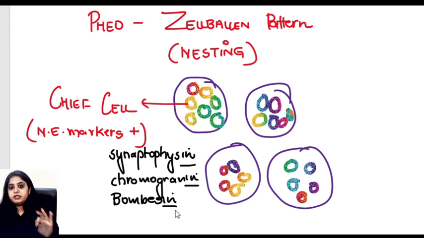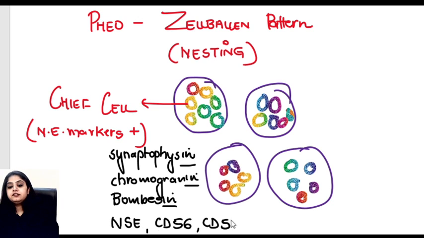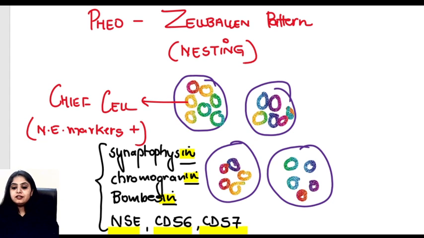So three markers with "in" and three markers which are short forms, that is NSE, CD56 and CD57. This six-marker panel is the entire panel for any neuroendocrine tumor in the body from head to toe. Any neuroendocrine tumor that you wish to highlight in the body, use synaptophysin, chromogranin, bombesin, and the three others, that is NSE, CD56 and CD57.